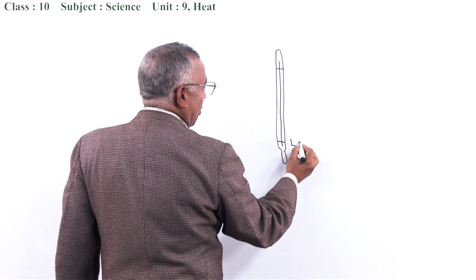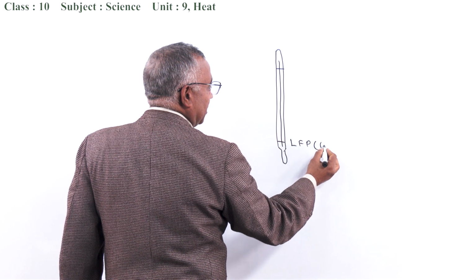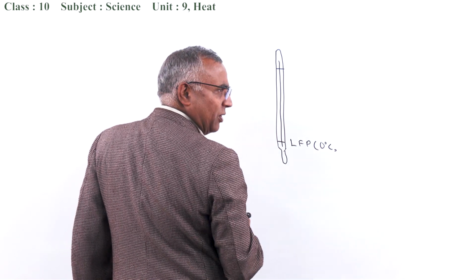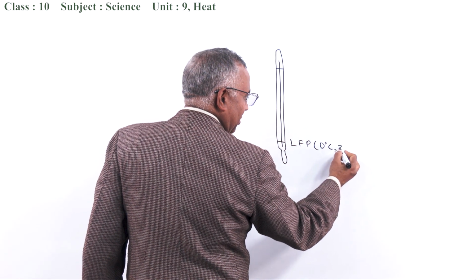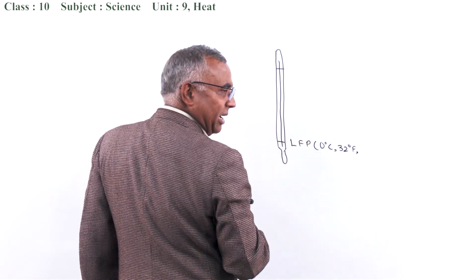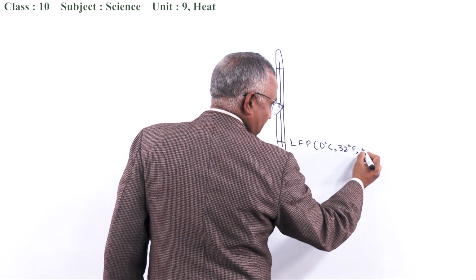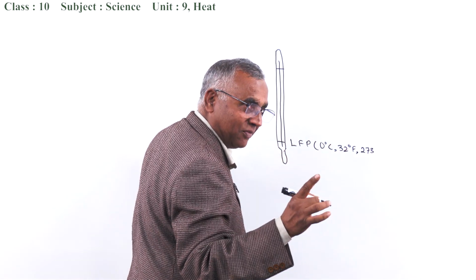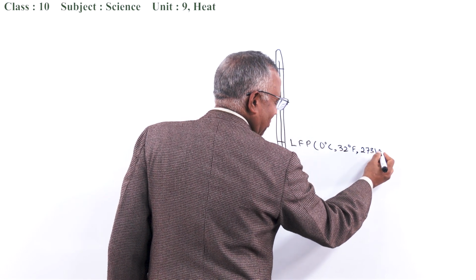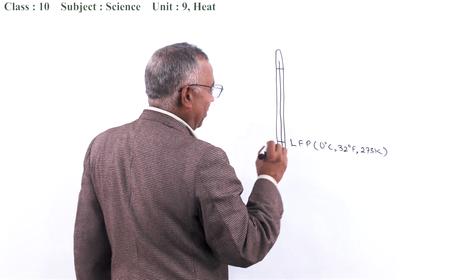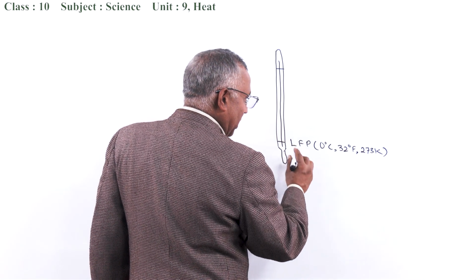One is the lower fixed point, how much? 0 degrees Celsius, or in Fahrenheit, how much? 32 degrees Fahrenheit. In Kelvin, it is 273.15, but we do not mention .15, leave it. 273 Kelvin.